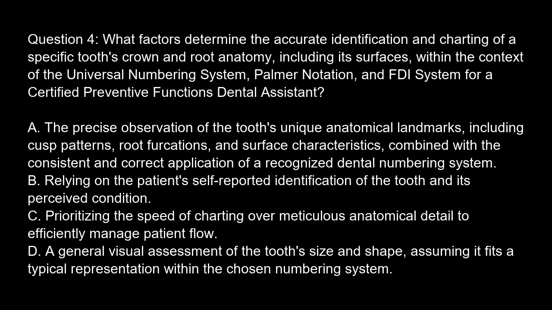Option B. Relying on the patient's self-reported identification of the tooth and its perceived condition. Option C. Prioritizing the speed of charting over meticulous anatomical detail to efficiently manage patient flow. Option D. A general visual assessment of the tooth's size and shape, assuming it fits a typical representation within the chosen numbering system.